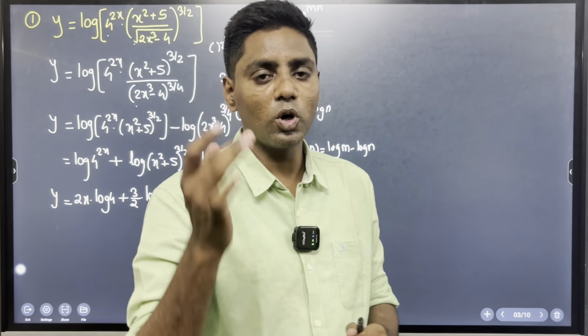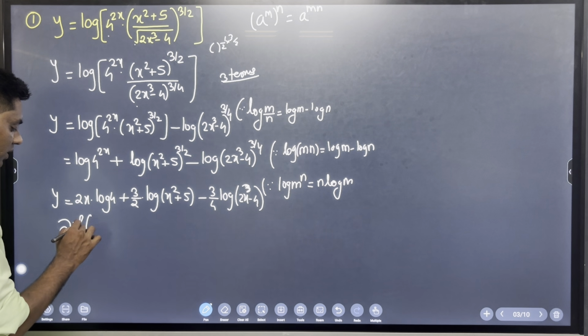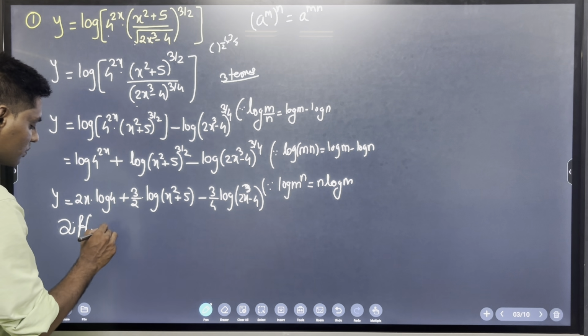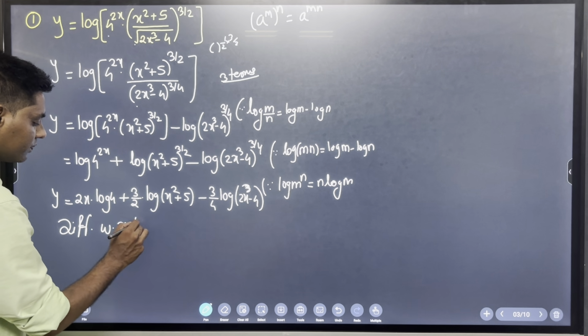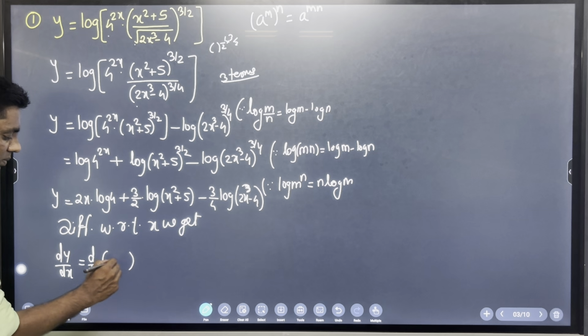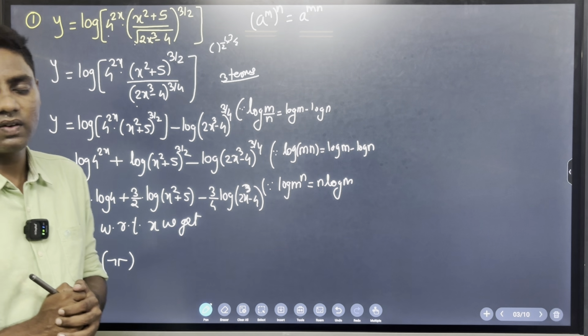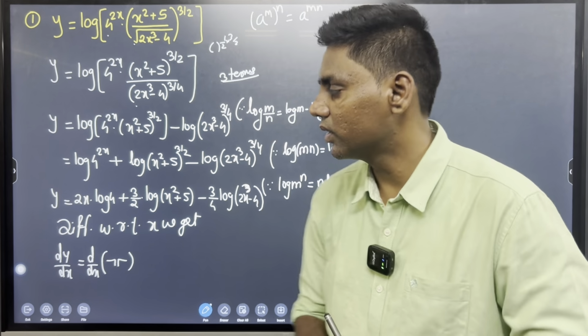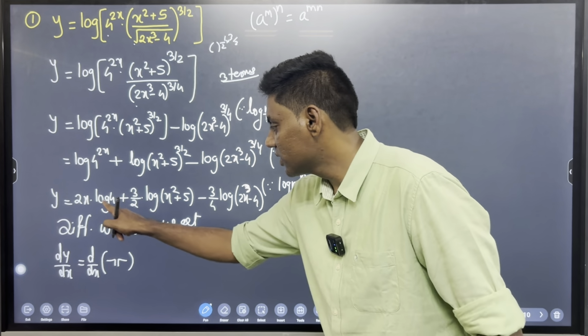Once you solve using the properties of logarithm, last just take the derivative. For solving the derivative, we differentiate y with respect to x. Remember the rules are very simple. Whenever you solve, apply d by dx on both sides. Here we write d by dx and write down the complete equation as it is, and after that apply d by dx to each term and then solve.